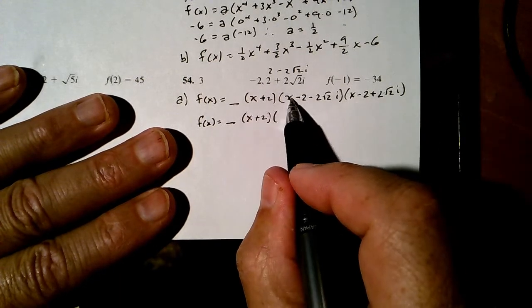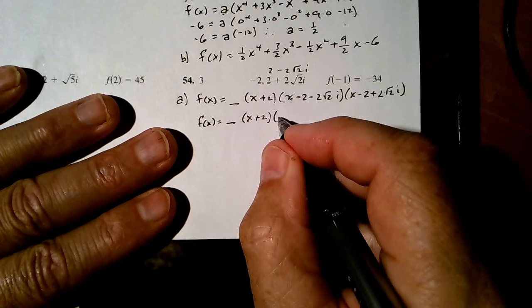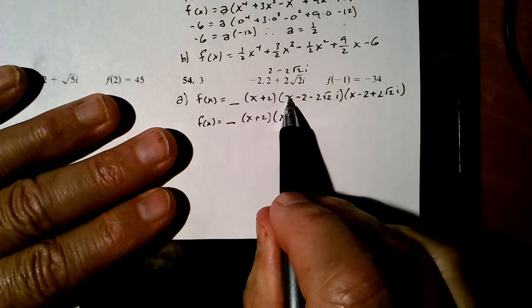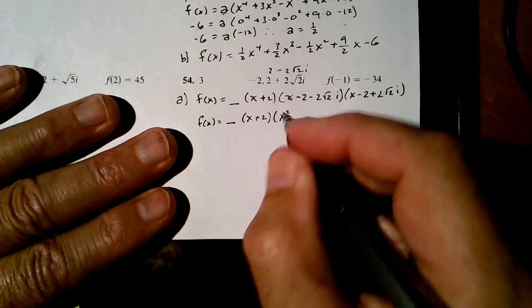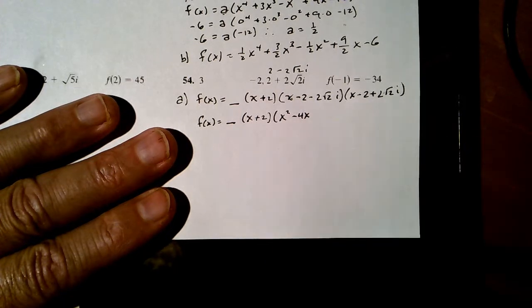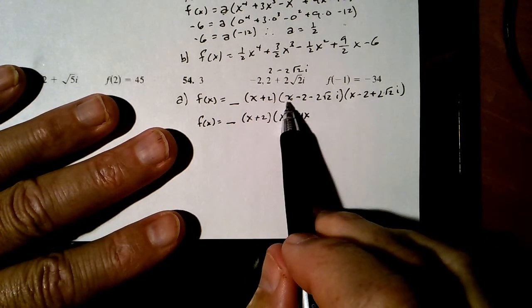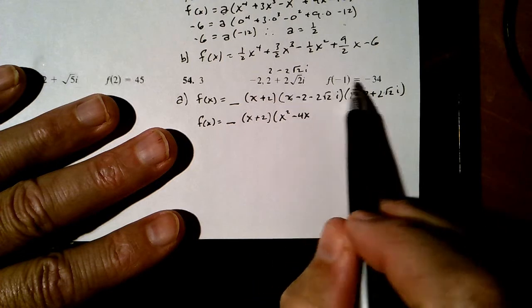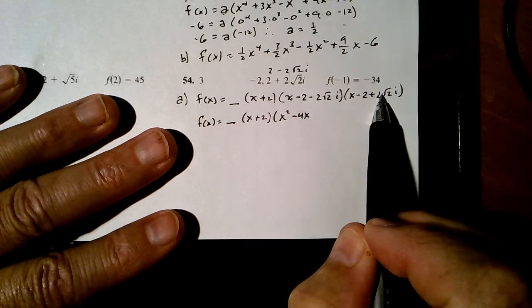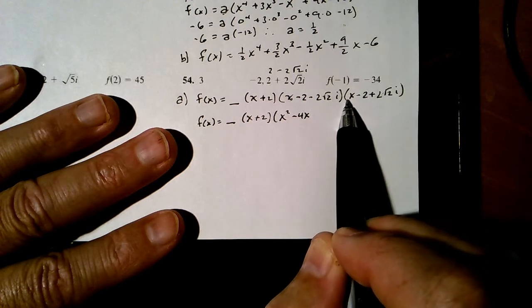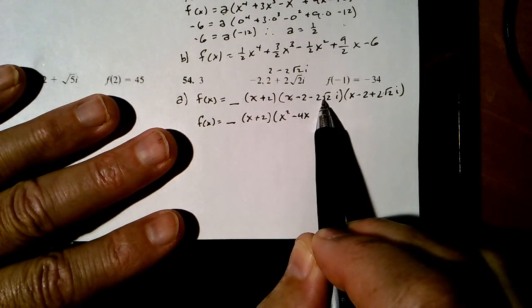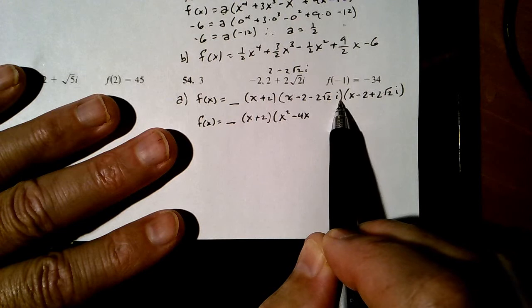The only place I'm going to get an x squared is here. X's and the real values, minus 2x and minus 2x, minus 4x. X's in the imaginary, here we go, 2 times x, so 2x square root of 2i, but look at this, minus 2x square root of 2i cancels.